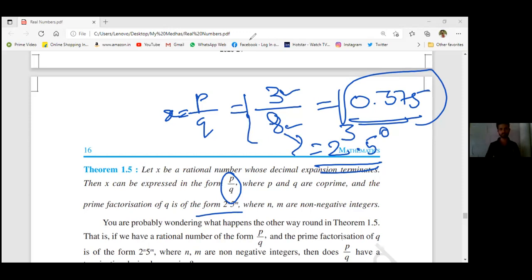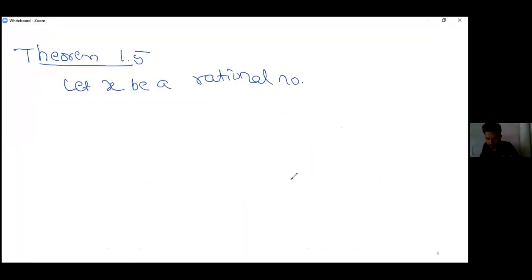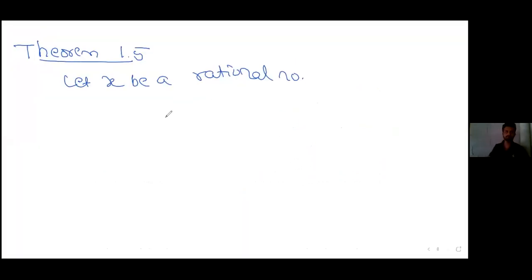So to prove this, let us consider some more examples. 7 by 80. This can be written in the form, I just do the factorization.